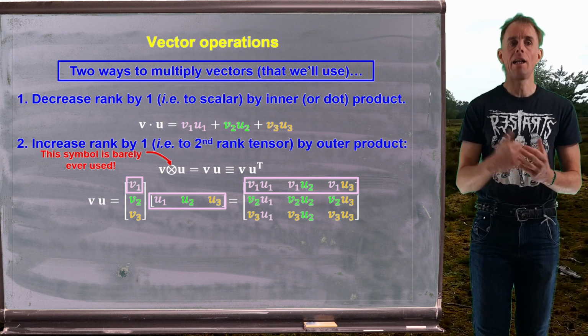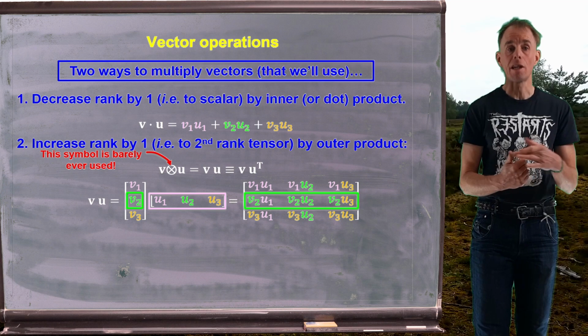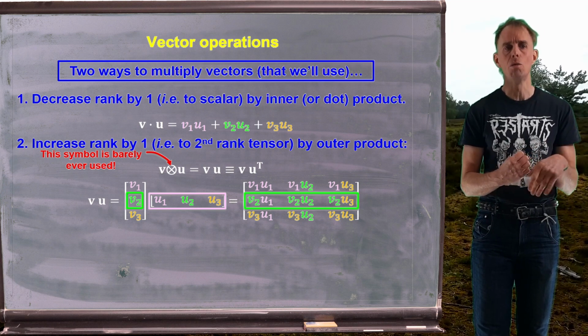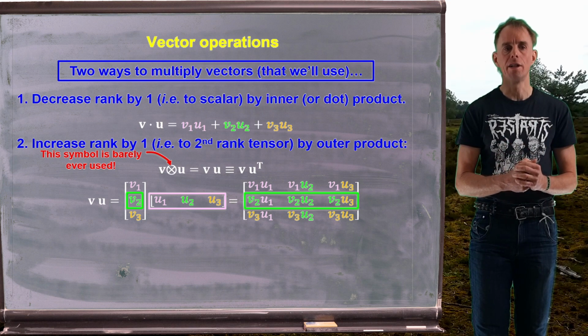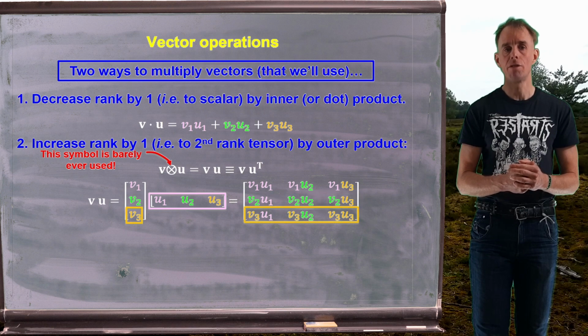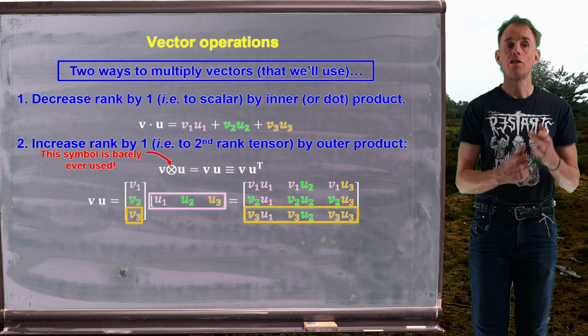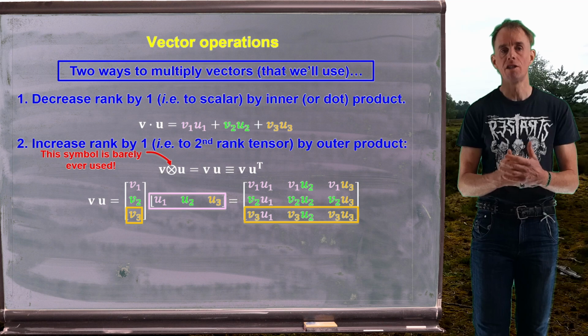And then we drop down an element in the column vector and do the same thing. And so we've got v2u1, v2u2, v2u3 in the 2,1, 2,2, and 2,3 position in the final matrix. And then again the same for the final row there. So we've increased the rank by 1, we've made a second rank tensor.